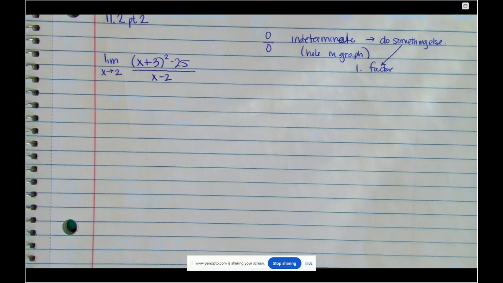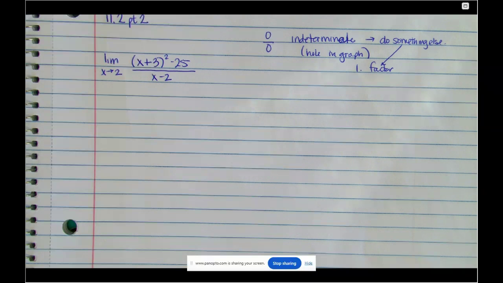Notice, first of all, it doesn't look like the ones that we did yesterday. The nice thing about the three ways I'm going to teach you is you don't have to guess and be like, whoa, if this one doesn't work, I'll have to try the other one. There's one way that will work for it based on what the thing looks like.